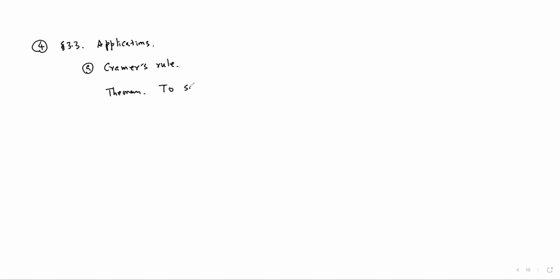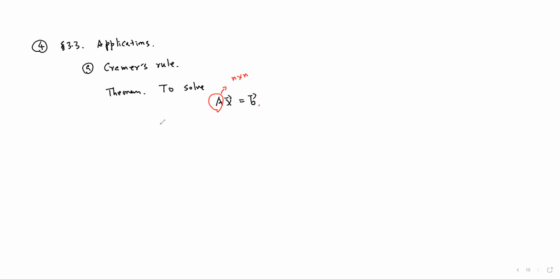To solve this linear system, we can use determinants, because our determinant is only for square matrices. This is a square matrix, n by n. To solve this linear system, you can use determinants.